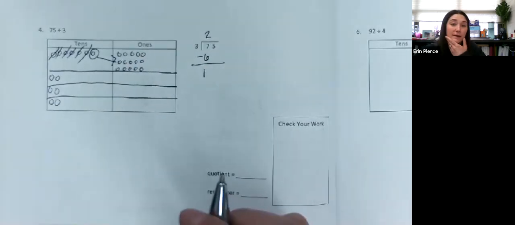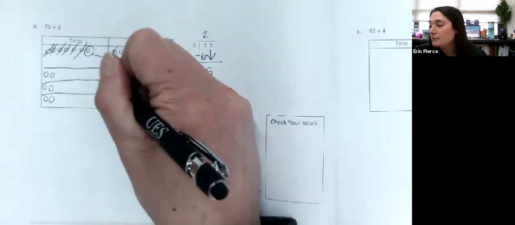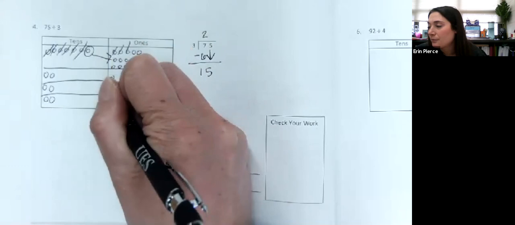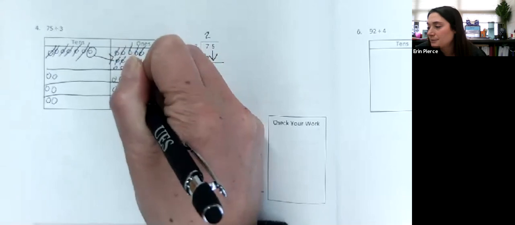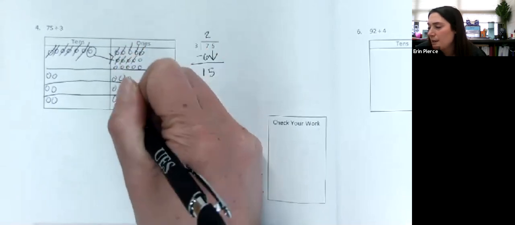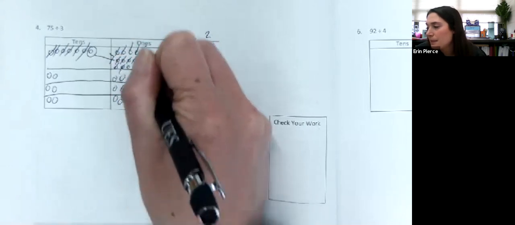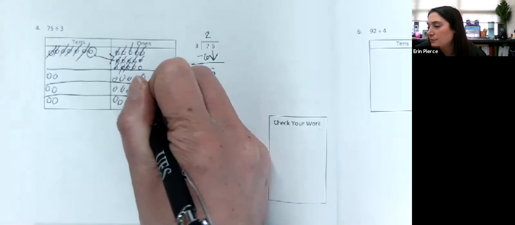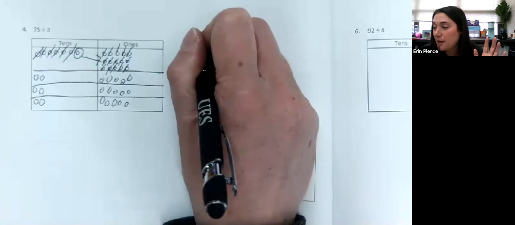And I start splitting those 15 ones into 3 groups. 1, 2, 3. 1, 2, 3. 1, 2, 3. 1, 2, 3. 1, 2, 3. All right, and then how many are in each group? 5. So 15 divided by 3 is 5.